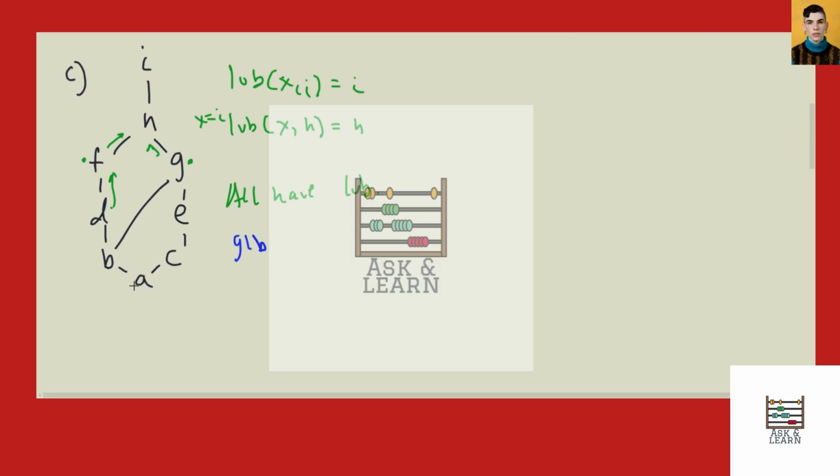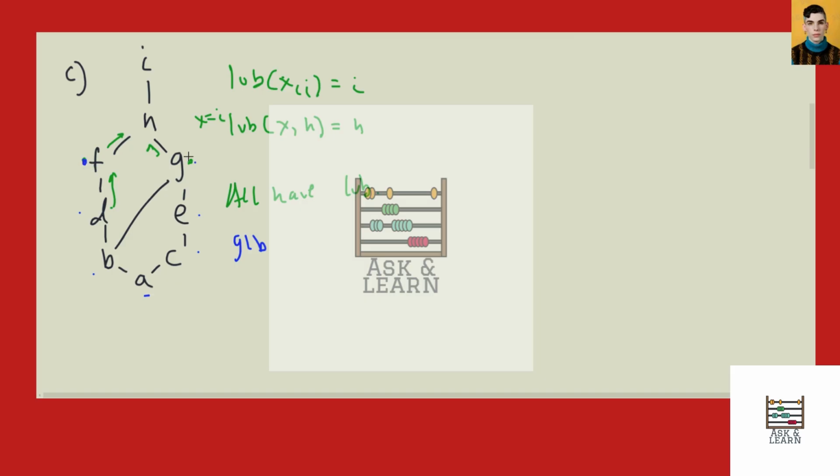So let's start again. If it was I or H, for similar reasons, those are just going to be whatever one is below it. So we really don't need to check those.